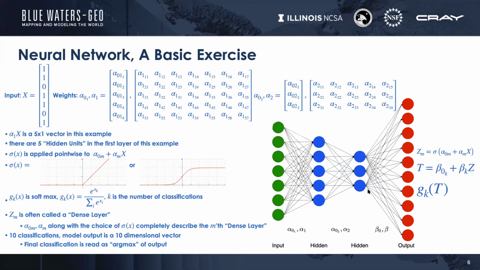And the transformation from the last hidden layer into the final output is commonly just a linear transformation, and then, of course, often hit with what's called a softmax. The formula for a softmax is right here on the left-hand side.